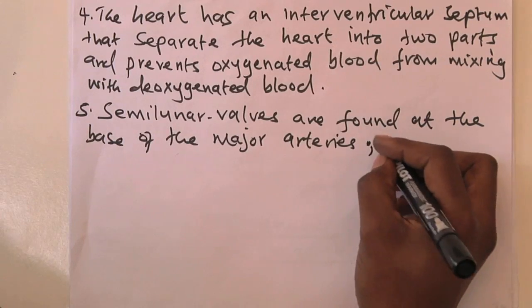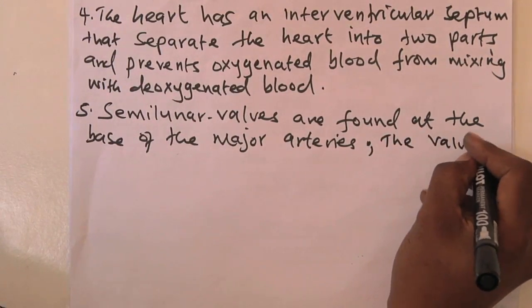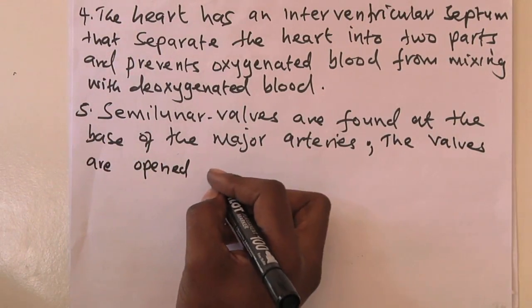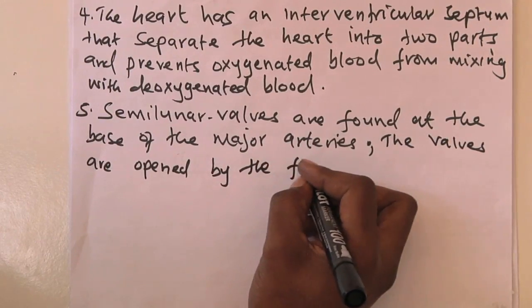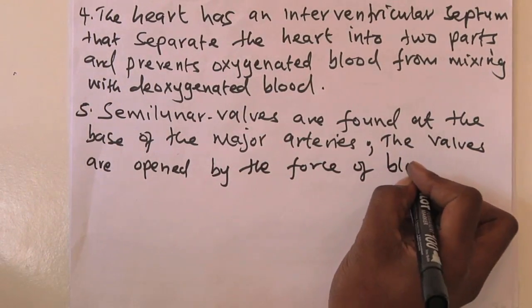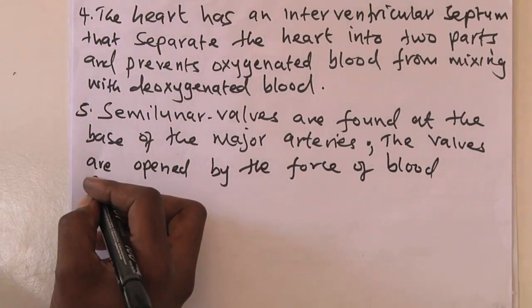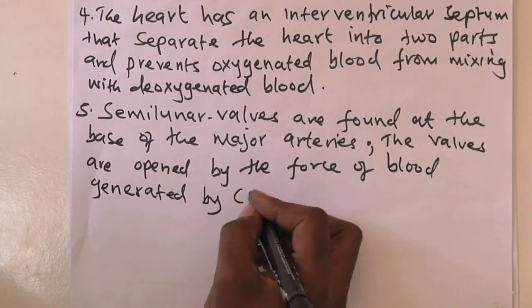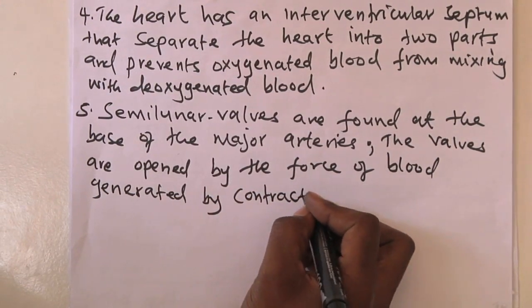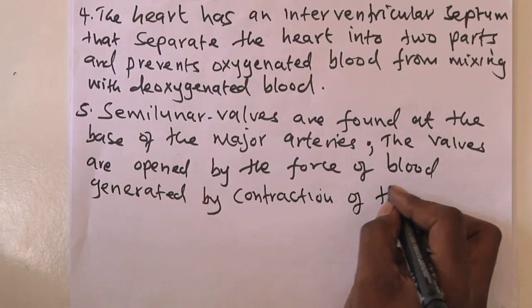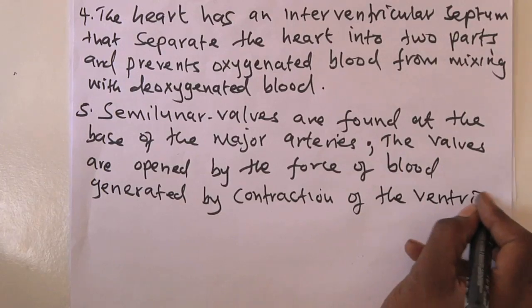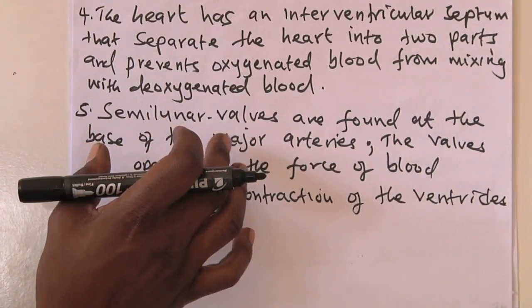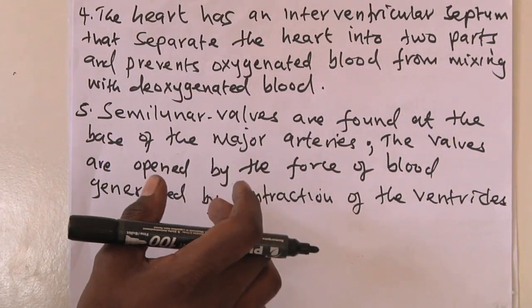The valves are opened by the force of blood generated by contraction of the ventricles. So as the ventricles contract, they are going to be forcing open the semilunar valves, which are found at the base of the major arteries.